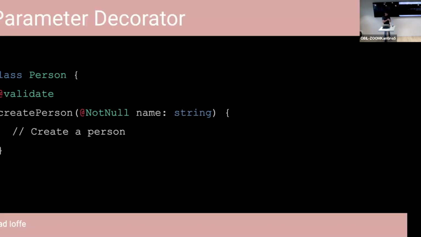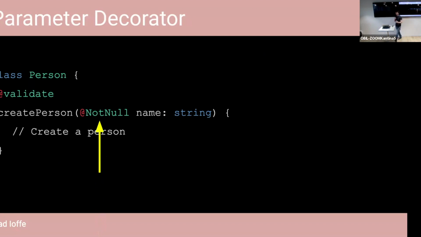The last decorator that I want to talk about is a parameter decorator, the not null decorator. And this is probably the least powerful kind of decorator, the parameter decorators. So let's take, for example, this create person method, and it receives a name, and I decorate it with the not null decorator.